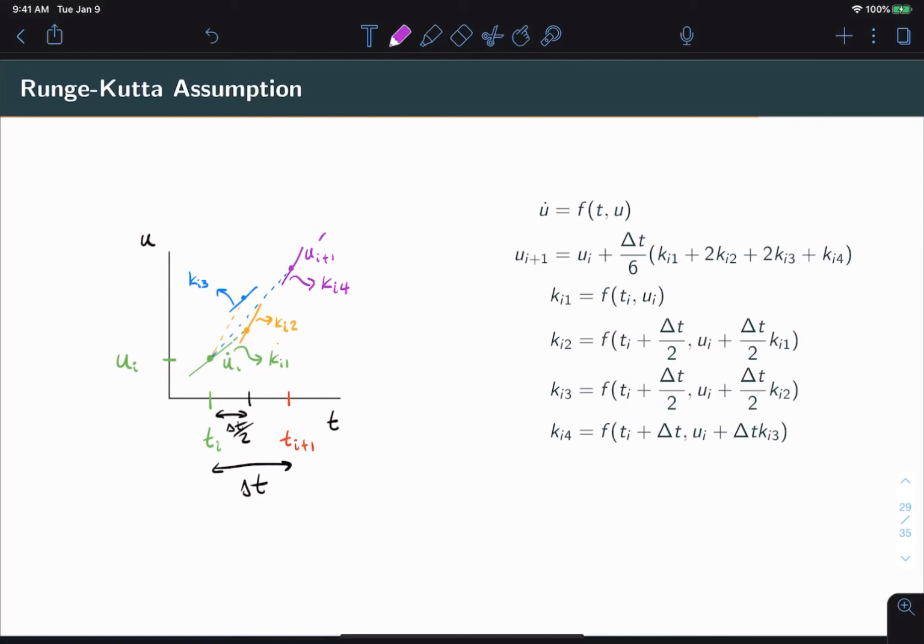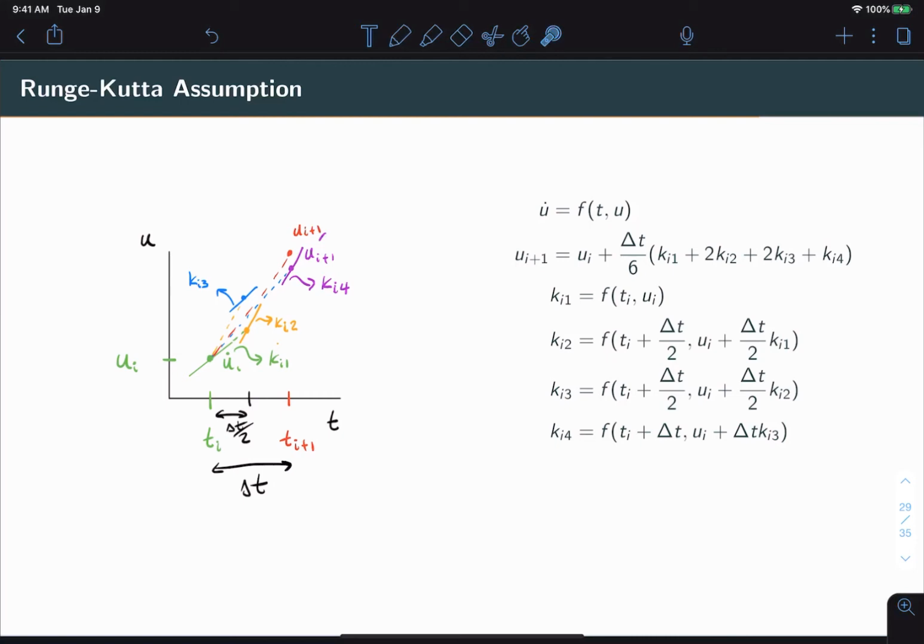From there, it does a weighted average of all four velocities, weighting the ones in the middle most heavily, and then does a final projection using that averaged velocity to our actual estimate ui plus 1.